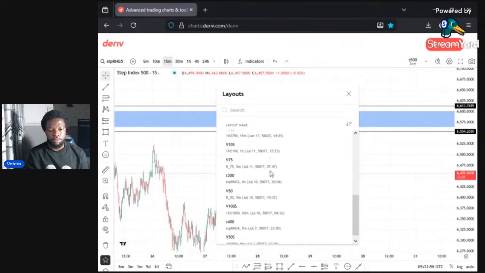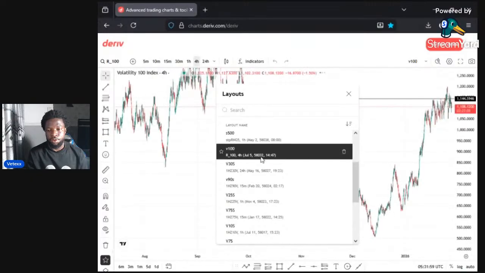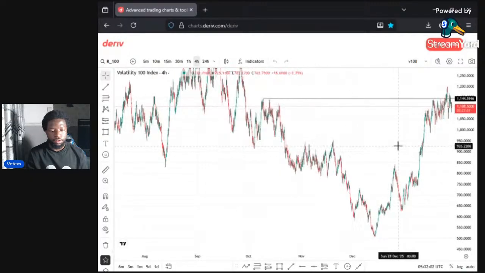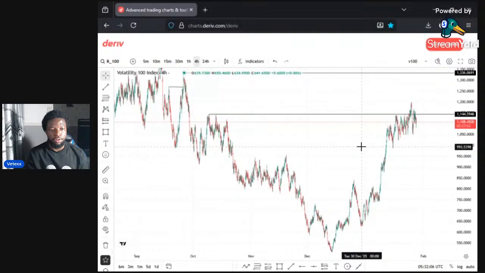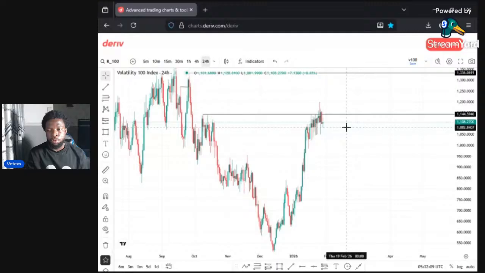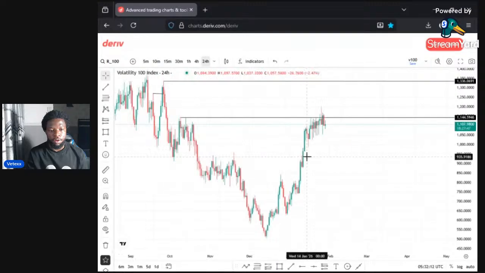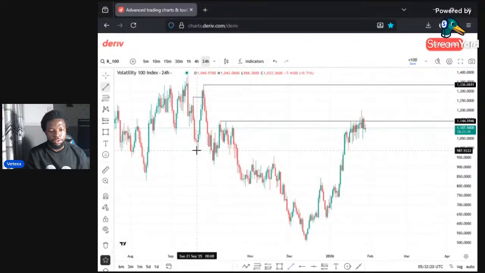We have V100. Let's check out V100. So on V100 we already have our markup on the daily time frame. Sweep of liquidity, first break of structure, which is here.